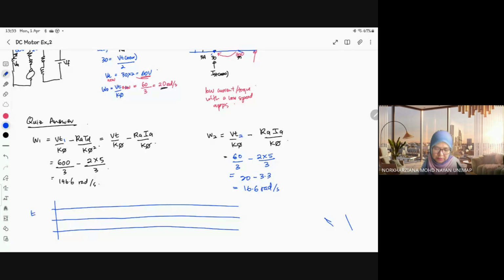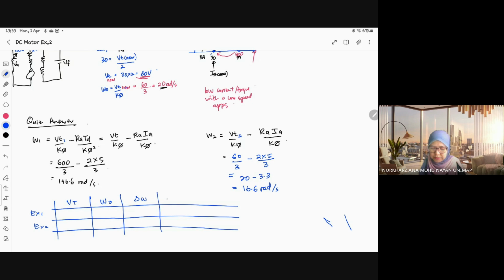This one is example 1, example 2. So it asks for Vt, no load speed, speed drop, and your motor speed. Example 1, your Vt is 600. Example 2 is Vt 60 volt. Put the units, V and radian per second.